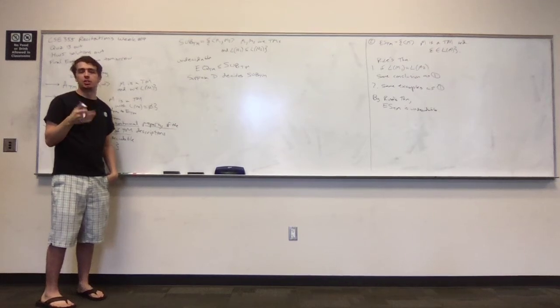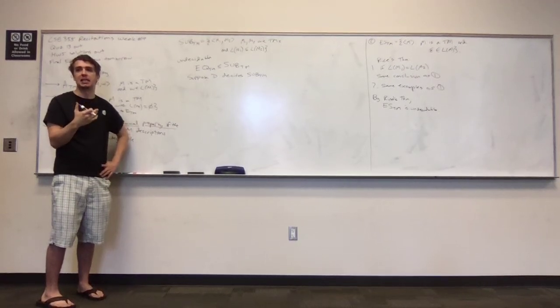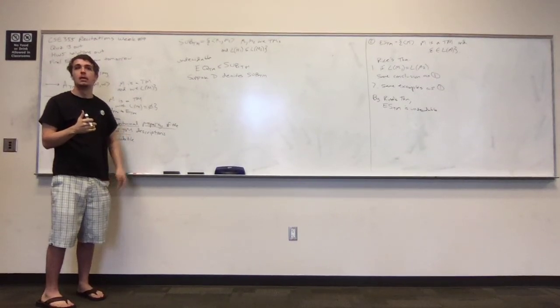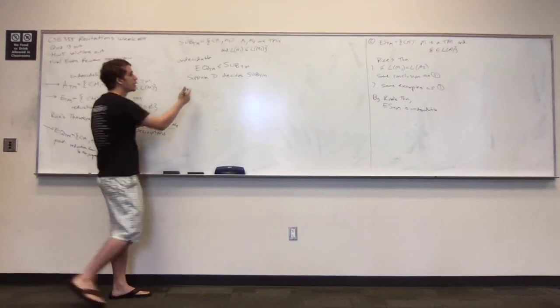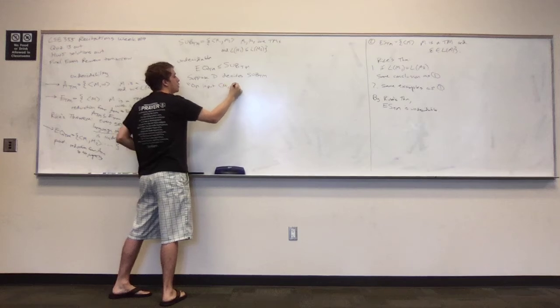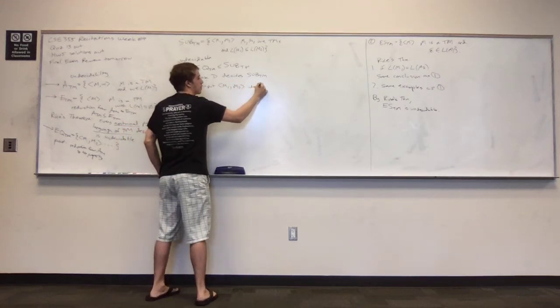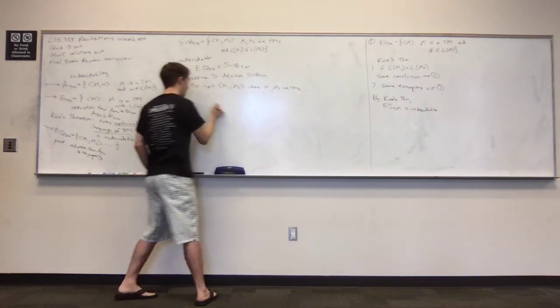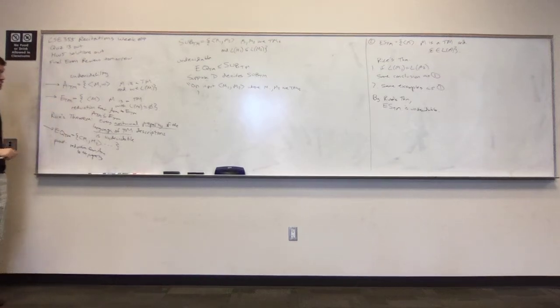What does a supposed decider for EQTM take as input? It takes two Turing machines. So on input the description of two Turing machines, using D, I want to say yes if those two machines have the same language, and no if they don't have the same language.